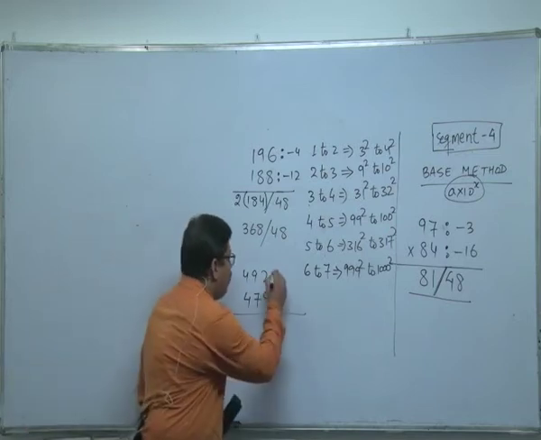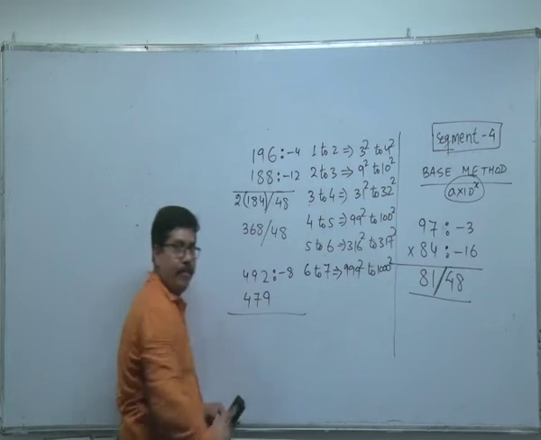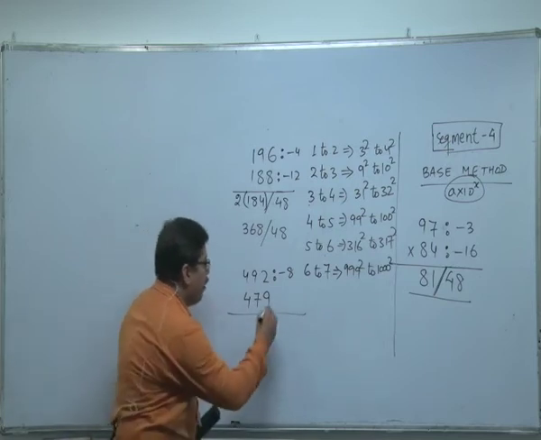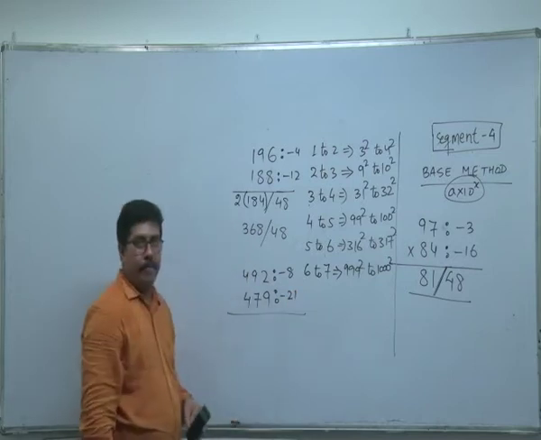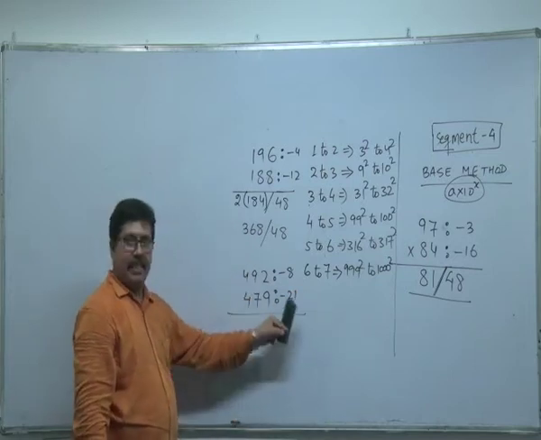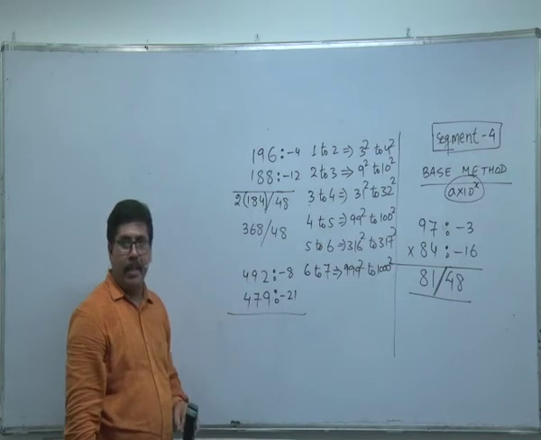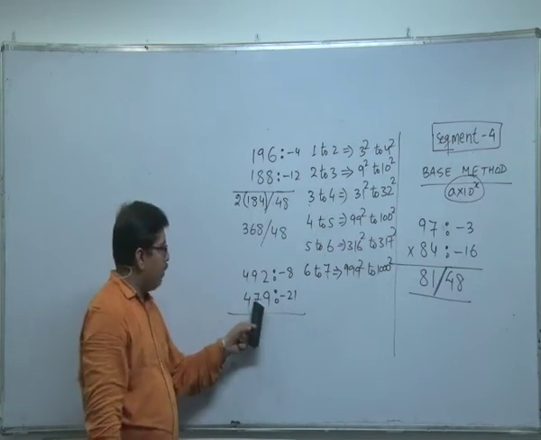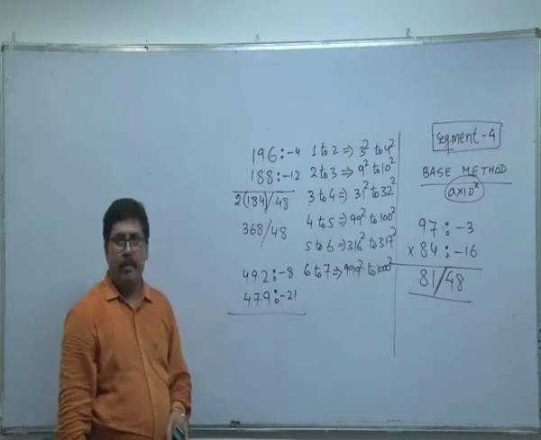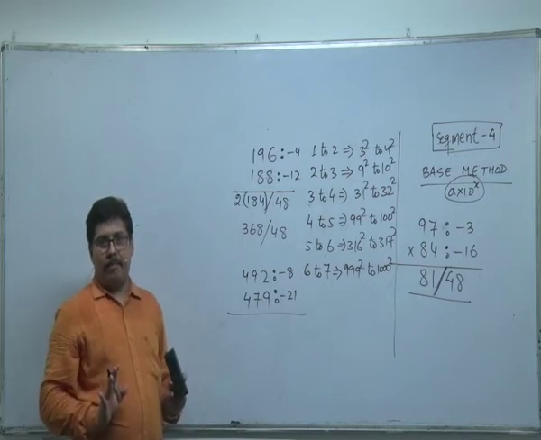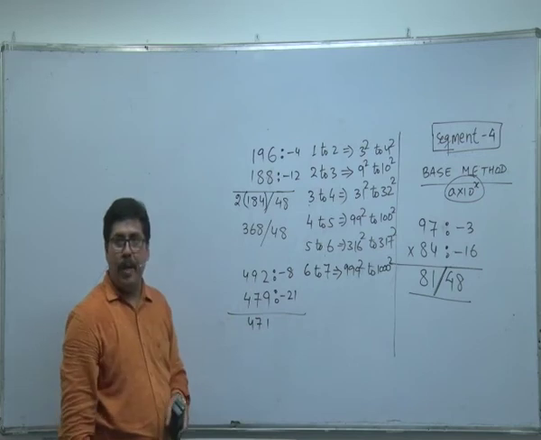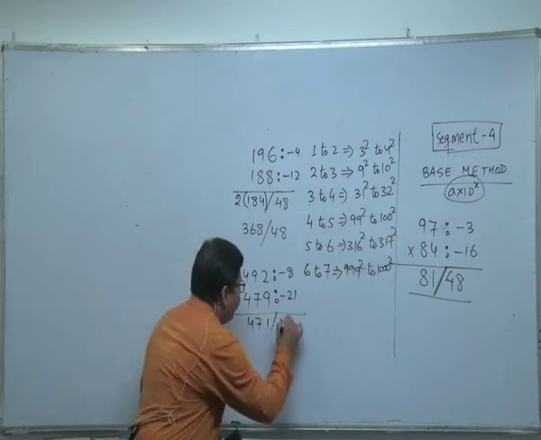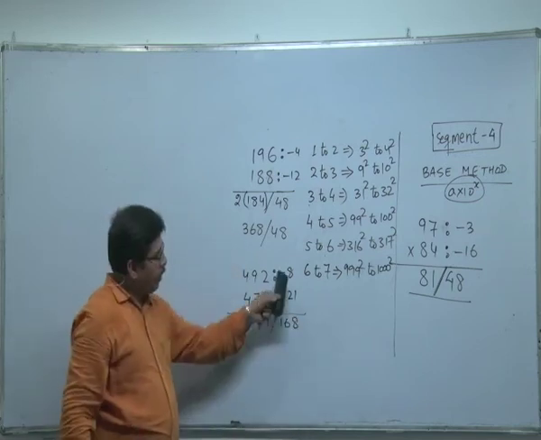So 492 minus 500 is minus 8, and 479 minus 500 is minus 21. Cross addition: 492 minus 21 and 479 minus 8 will certainly give the same result. It is nothing but 471. And this into this is 168.